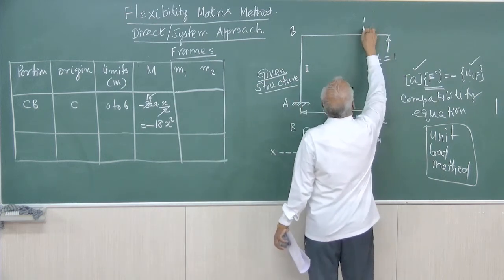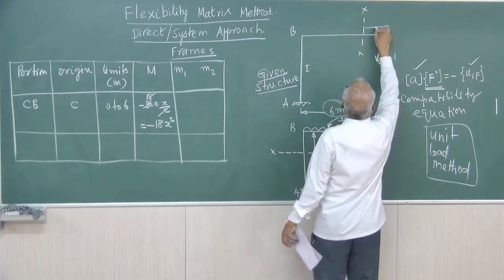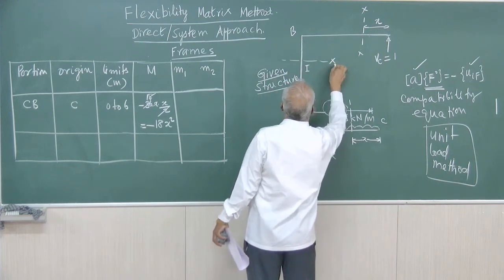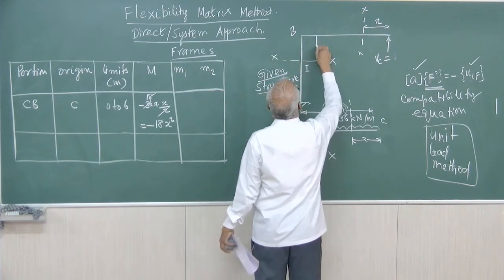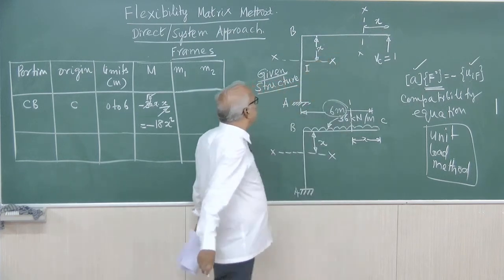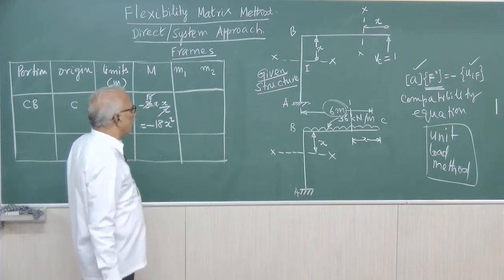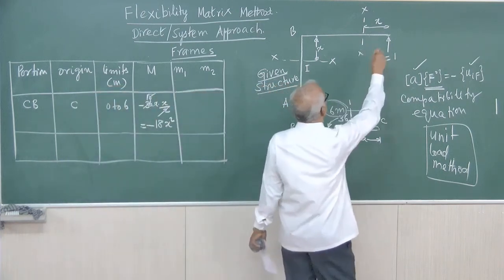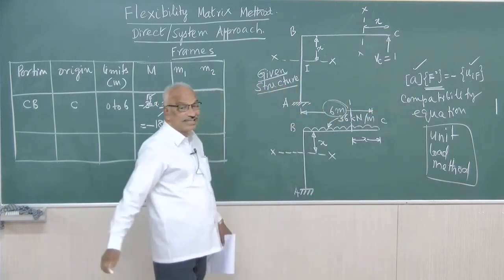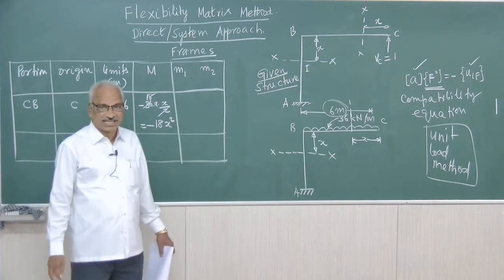Again the same section XX, at a distance x. Now due to the redundant VC equal to 1, the bending moment at any section in the portion CB is 1 into x, the vertical force into the horizontal distance for the section XX.